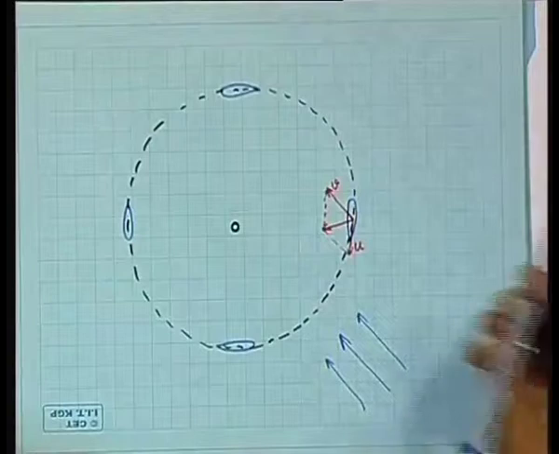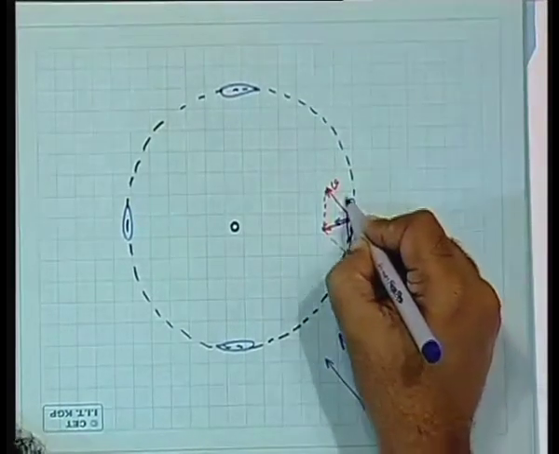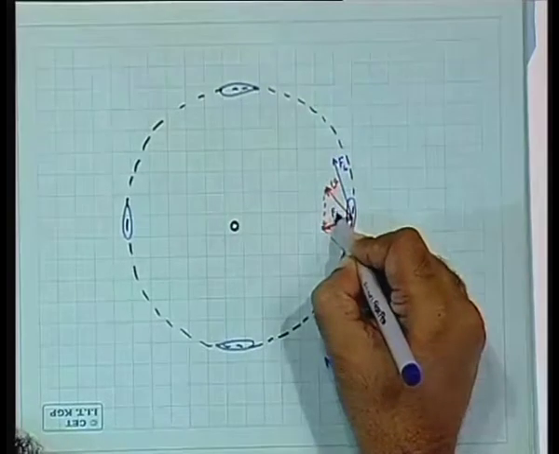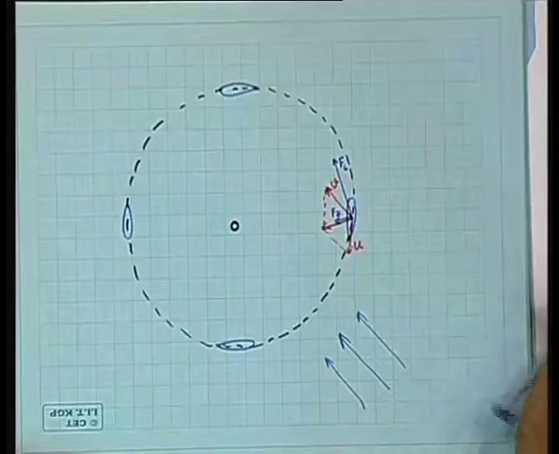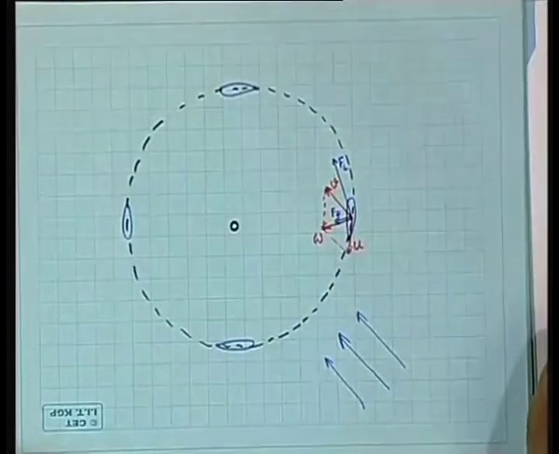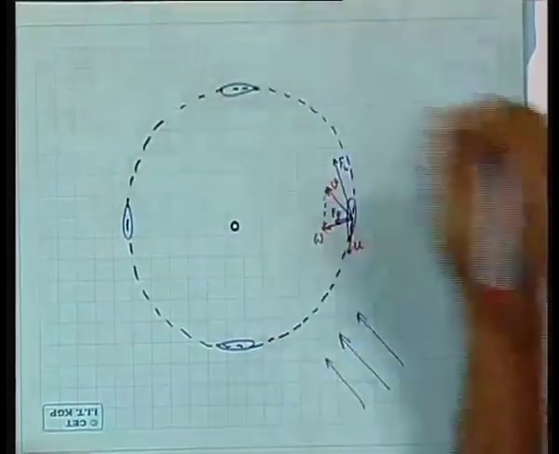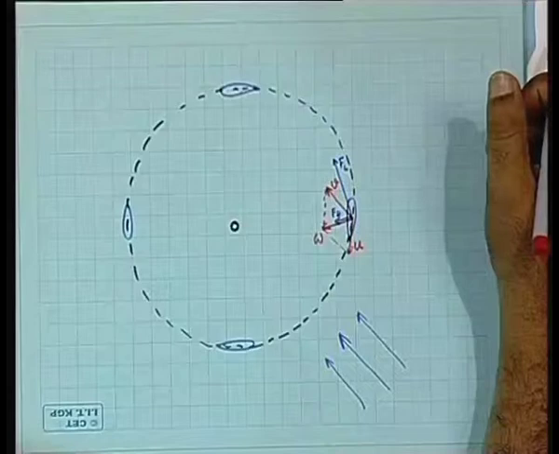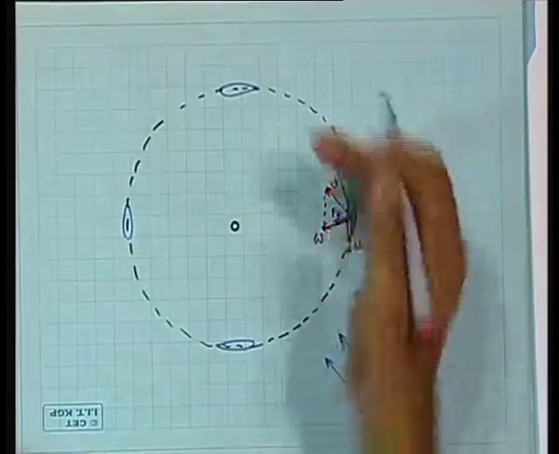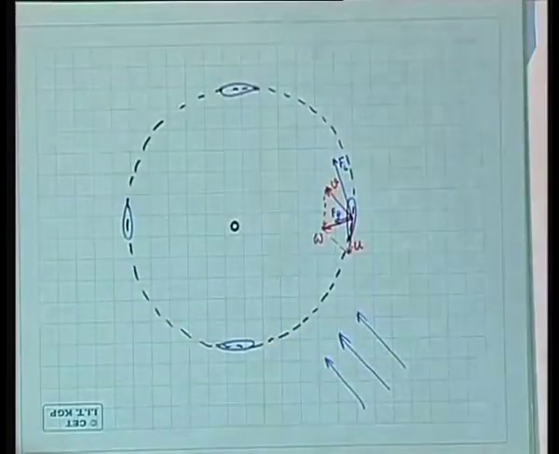If this is the W, then this is the drag force produced and this is the lift force produced. Right? This is the W. You would notice that the lift force has a component in the direction of motion. So if it rotates, then this lift force aids the rotation, and therefore it produces a positive torque.